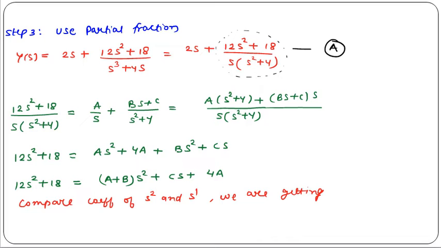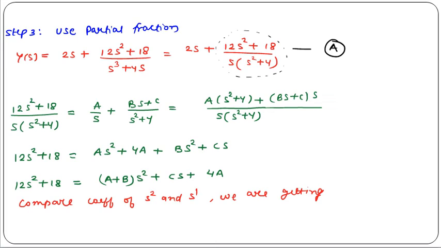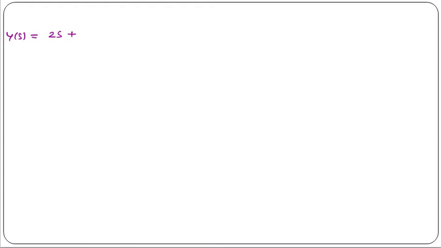In equation a we have 2s, then we have this partial fraction. In place of this partial fraction we will write a by s plus bs plus c by s square plus 4, in which the value of c is already 0. So we are getting y of s as 2 into s plus a by s. The a value we have obtained is 9 by 2, so we are getting 9 by 2 by s.